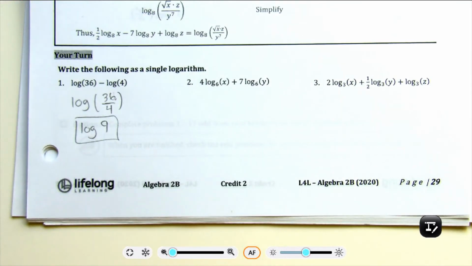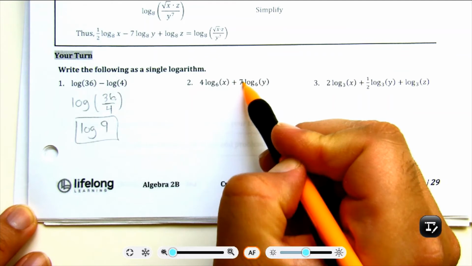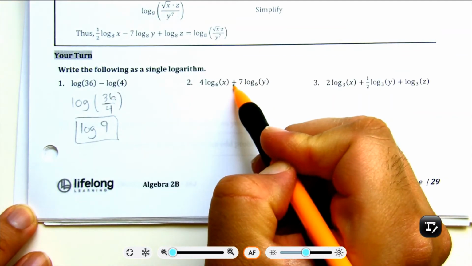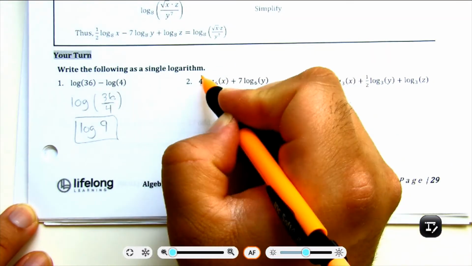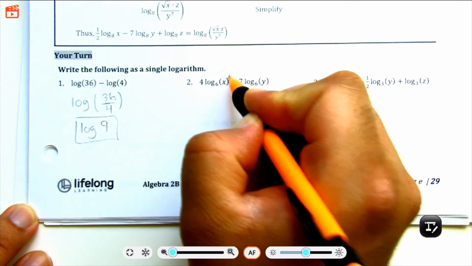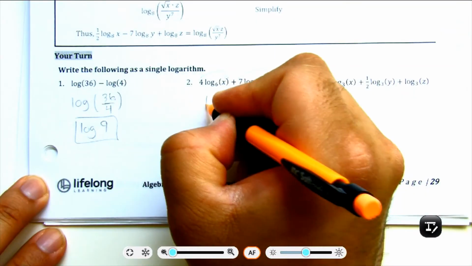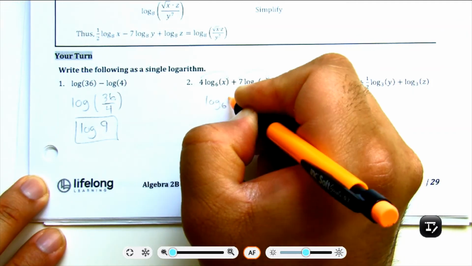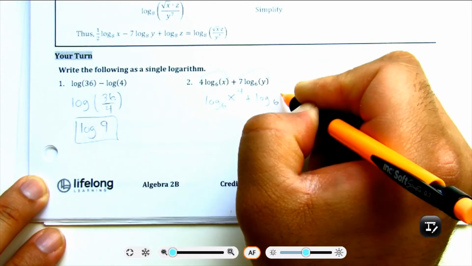For number 2, you have coefficients here and here, and then we have addition. So that addition means that we're going to use the product property. These coefficients mean that we're going to use the power property. So if you imagine that these coefficients are the exponents of the variables, I could write this as log 6 x to the 4th power plus log 6 y to the 7th power.